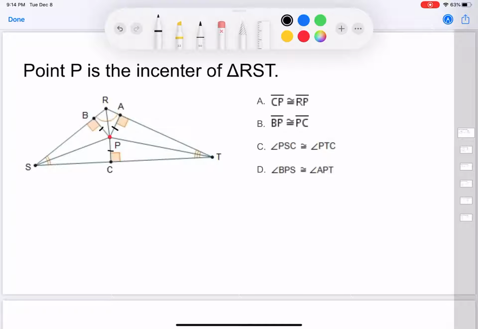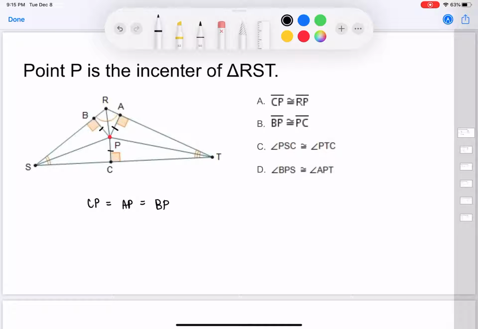So let's see. CP is congruent to RP. Well, as we can see, those two lines are not congruent. Instead, CP is congruent to AP, which is congruent to BP.